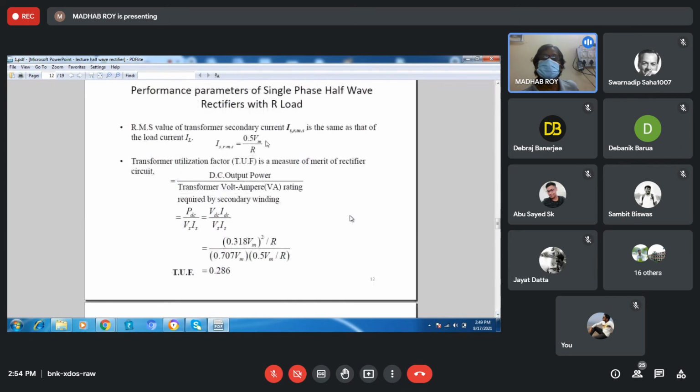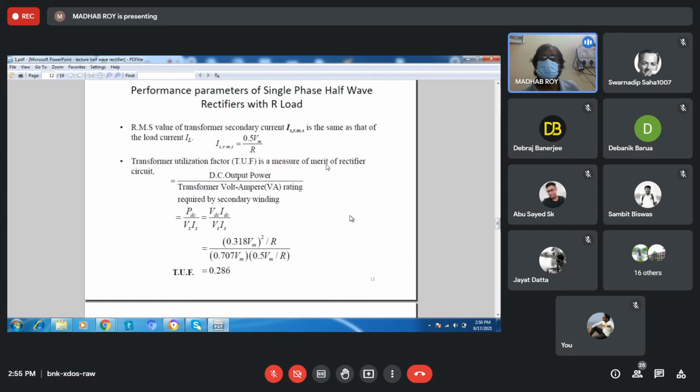The RMS value of the transformer secondary current is the same as the load current, because the transformer winding is in series with the load. Whatever current flows through the load must flow through the transformer secondary winding.